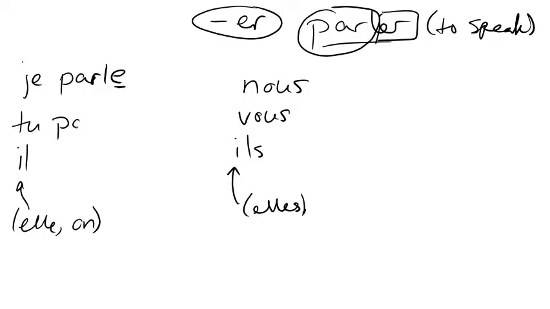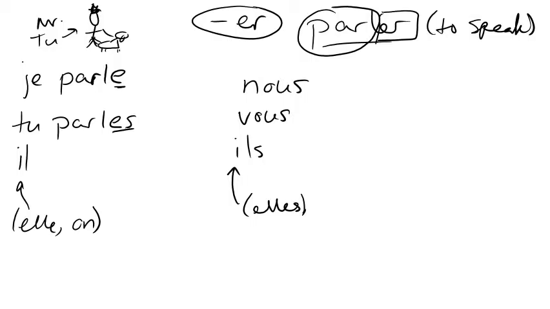Now with tu, it's very similar. We're going to write P-A-R-L, and then at the ending, we're going to write an E again, but this time we're going to add an S. Now you might be thinking, why is that? Well, the rule basically sounds like this. We've got Mr. Tu, with his little hat and everything, and he walks with his dog, S. It's just a way of helping us remember that Mr. Tu and S are always together.